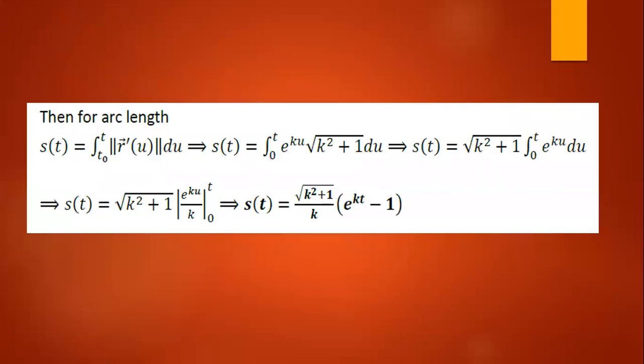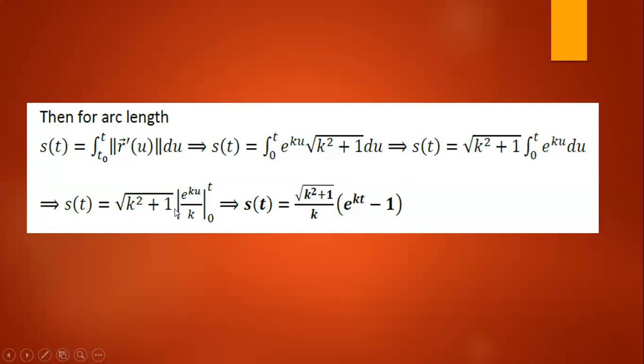Okay, and then the arc length formula we have is s of t equal to the integral from t naught to t of the magnitude of r prime of u du. Thus s of t is equal to, our initial point is 0 and up to t, the integral of e power ku times the square root of k square plus 1 du. We have the term square root of k square plus 1, which is a constant term, and here we remain with e power ku du.